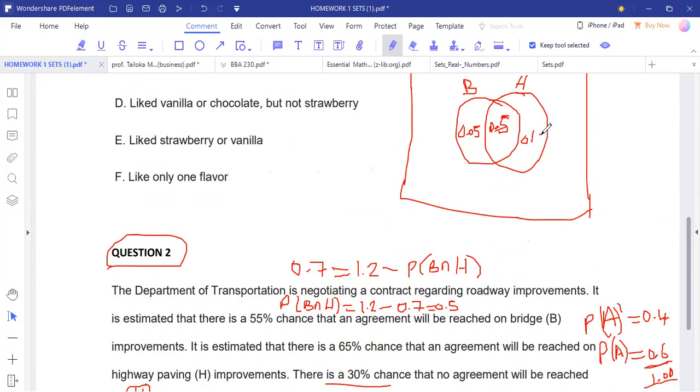You get the point, right? So there's a point here, 0.15. Is that clear?